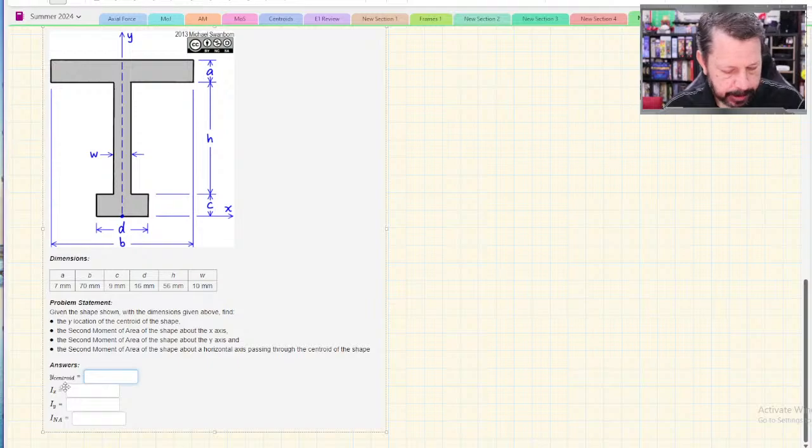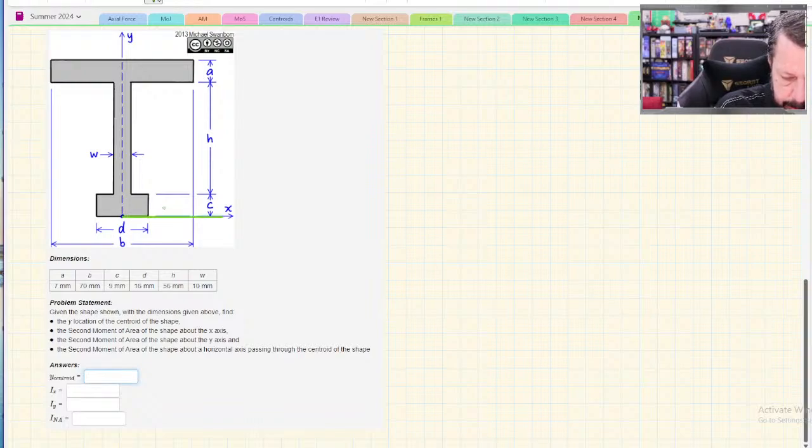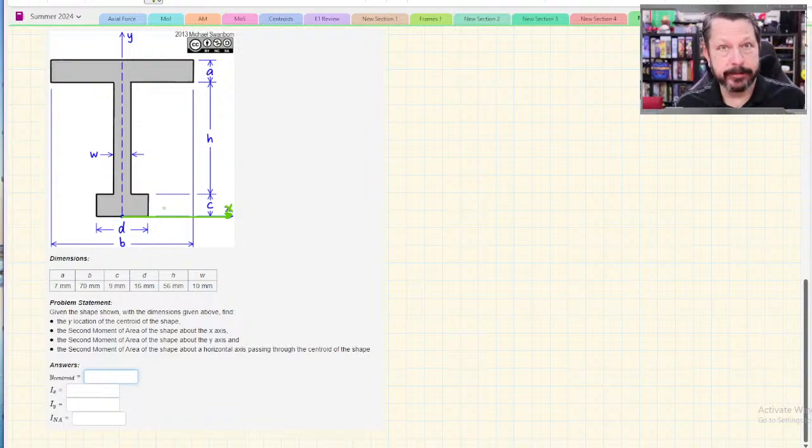So let's skip to finding the second moment of area of the shape about the x-axis. So the x-axis is the one given. It's kind of cluttery in here because there's all kinds of stuff going on, but there's the x-axis down there. And so it's basically at the very bottom of our T-shape.